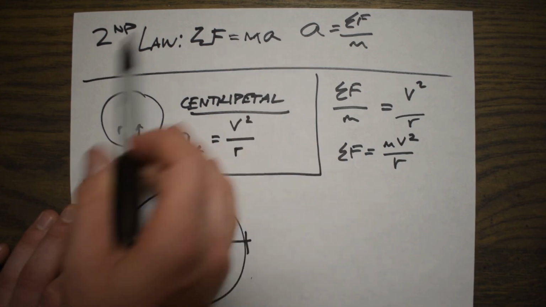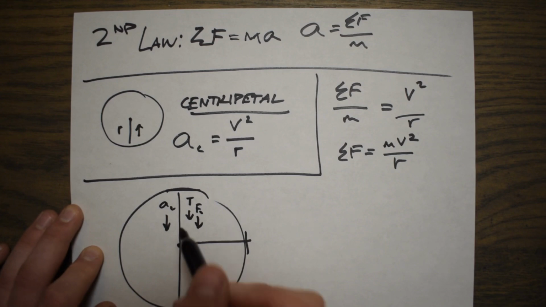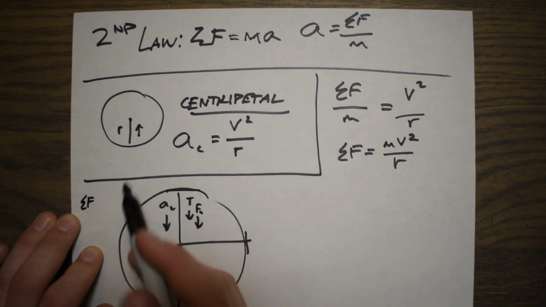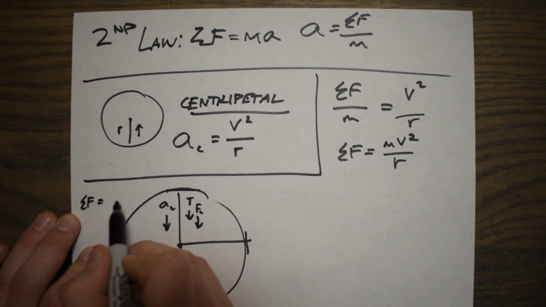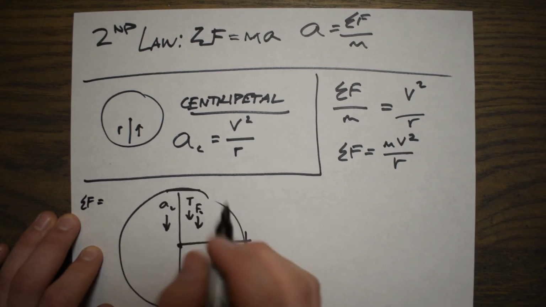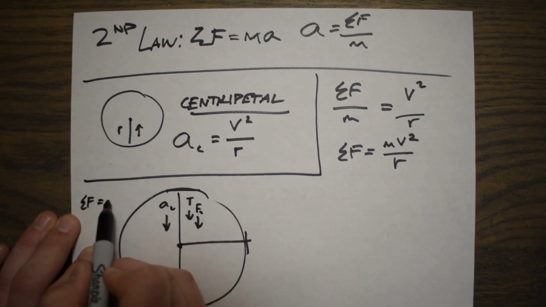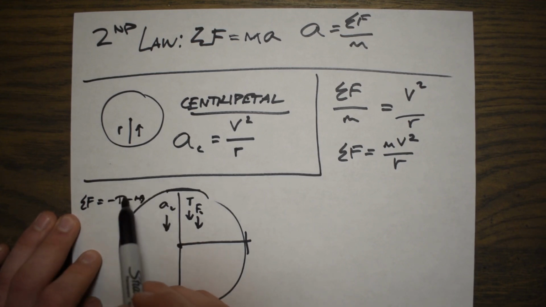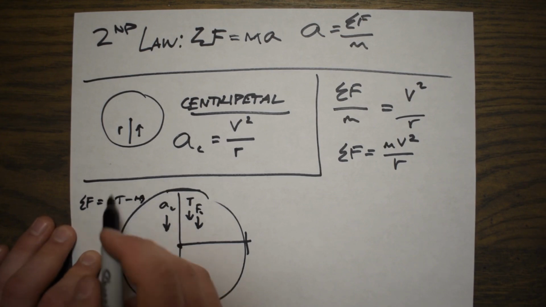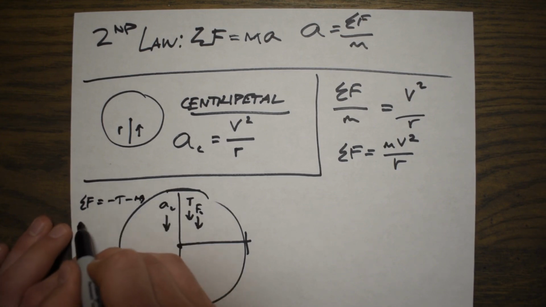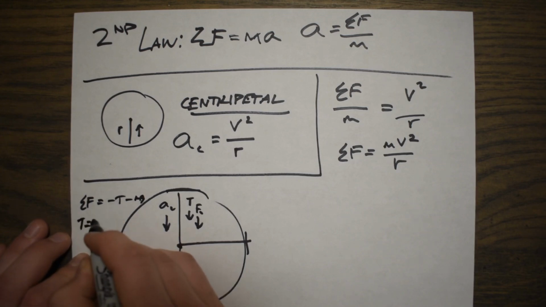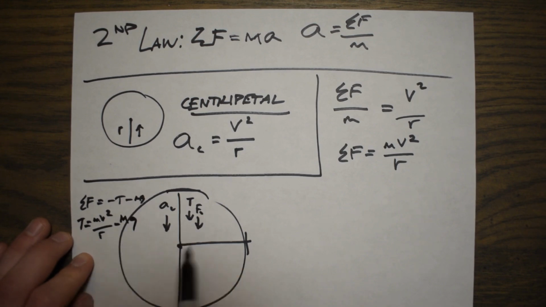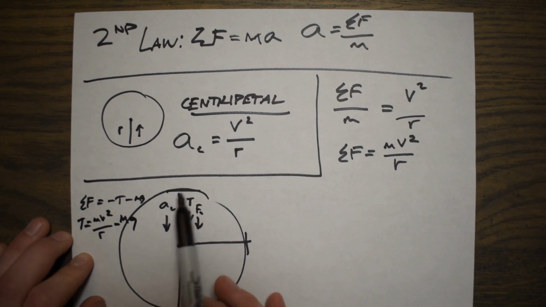So by using our second law of motion here, we can make an equation that states that the net force, which is just mass times acceleration, so that's really centripetal force times the mass, is equal to, since T and the acceleration are going down, we know that this has to be a negative value, and this is also negative T minus mg. All these are negative. So we have to move this over to find T in order to isolate it. So we end up having T is equal to mass times the centripetal force minus mg. So this is subtraction. So this is going to be a pretty low value up at top.